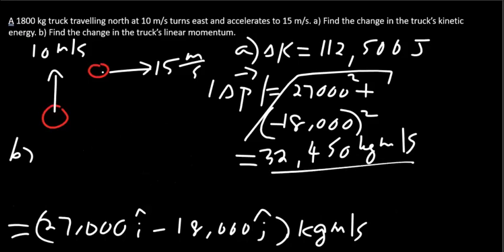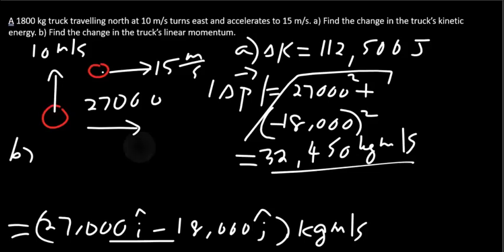What about the direction of this change? Now let's look at the vector notation. It has 27,000 in the i hat direction and 18,000 in the minus j hat direction. So we need to calculate that angle, and that angle would give you the direction of the change.